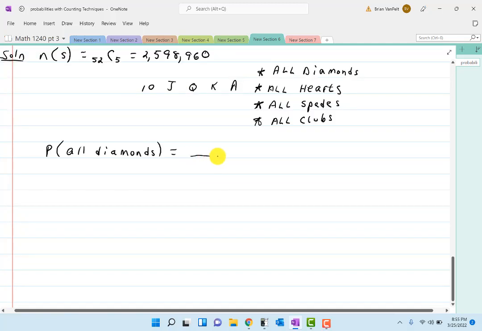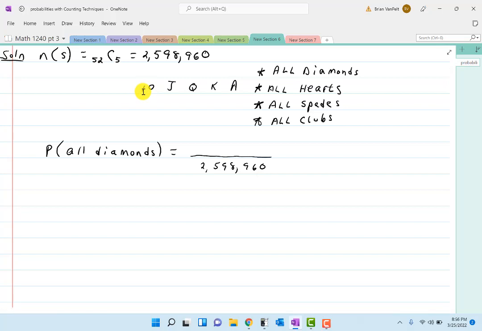All right, we already know what the denominator is. That's 2,598,960. Now you've got to think about this in a little bit different way than before, because when I'm choosing my 10, I'm not just choosing any old 10. I'm not saying just pick a 10. I'm picking a very specific 10, and there's only one of them there.